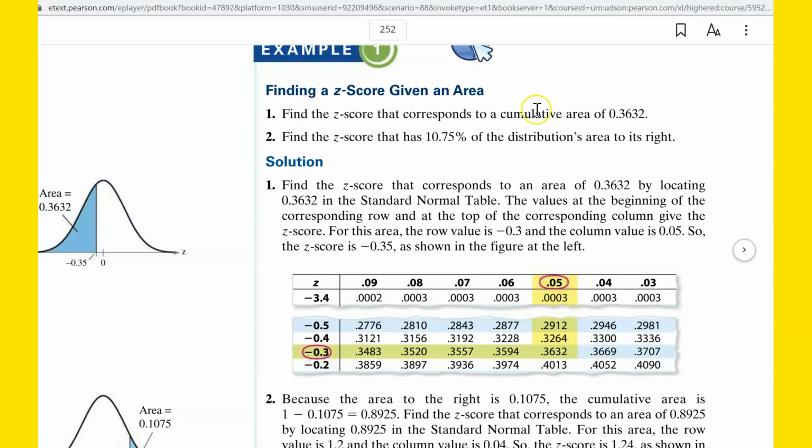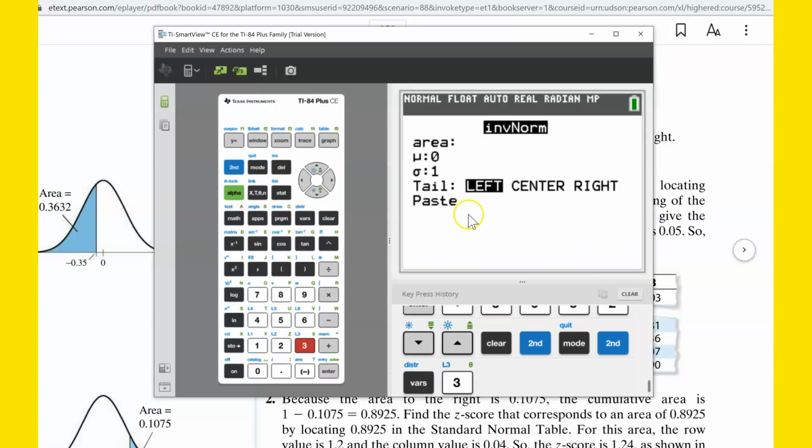Find the z-score that corresponds to a cumulative area of 0.3632. Remember, cumulative area means all the area that has accumulated up to that point, meaning all the area to the left of that. So this is a left tail. The area is 0.3632.